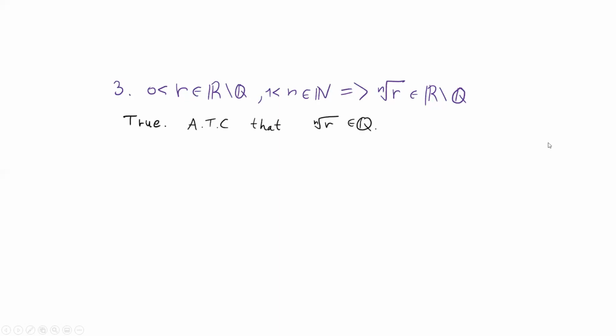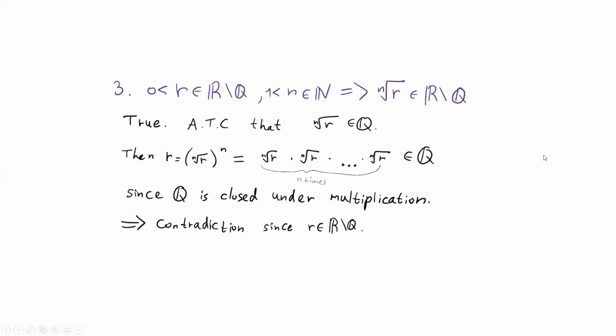So let's assume towards a contradiction that the nth root of r is a rational number, which we know is not, but we assume now it is in order to get a contradiction. Then, if we raise the nth root of r to the power of n, which means we multiply the nth root of r n times by itself, we get r, which we assumed to be irrational.